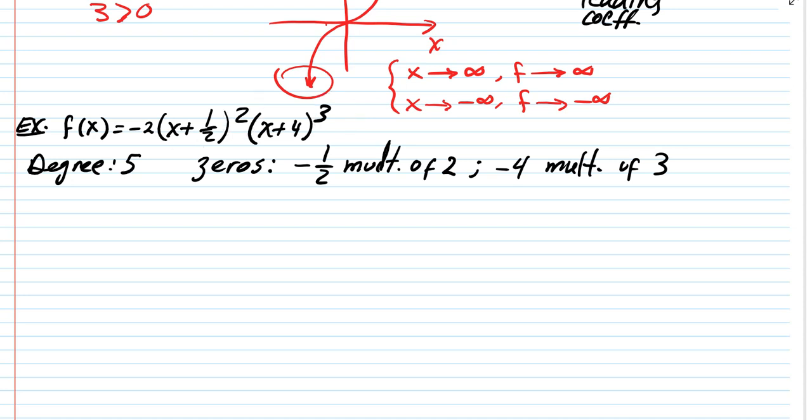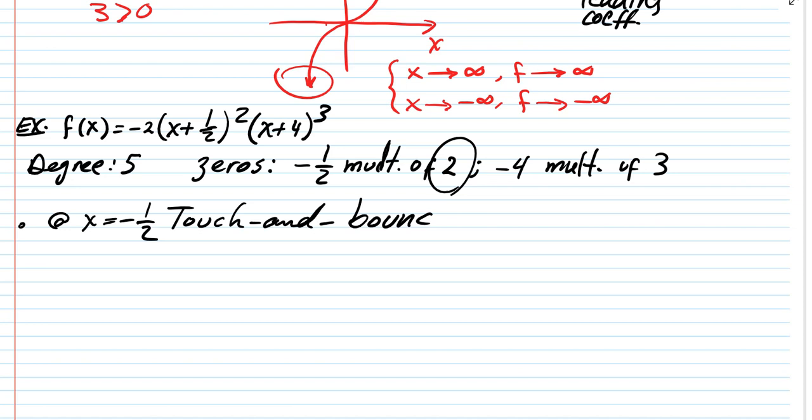Got those. Those are the zeros. Now, whether it crosses or touches at zeros: remember, if the multiplicity is odd, it will cross. If it is even, it will touch and bounce. So at x equals -1/2, multiplicity of 2, even, it will touch and bounce.